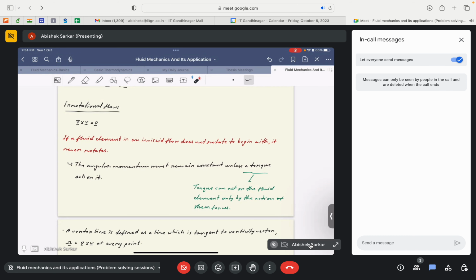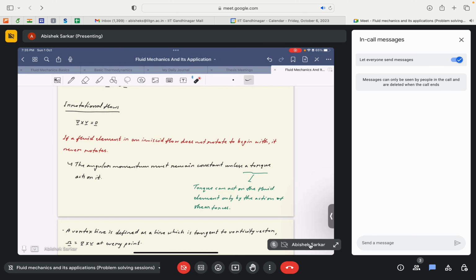The wall generates rotation in the fluid element, which in turn generates a rotational flow field. But since the flow to begin with does not have any rotational element, and there is no wall or outside element that would generate rotational effects, and the flow is inviscid, there is no source that would generate any rotational effect in the flow field. That's why if the flow is irrotational from the beginning and inviscid, it would remain irrotational forever. So it's a very important corollary.